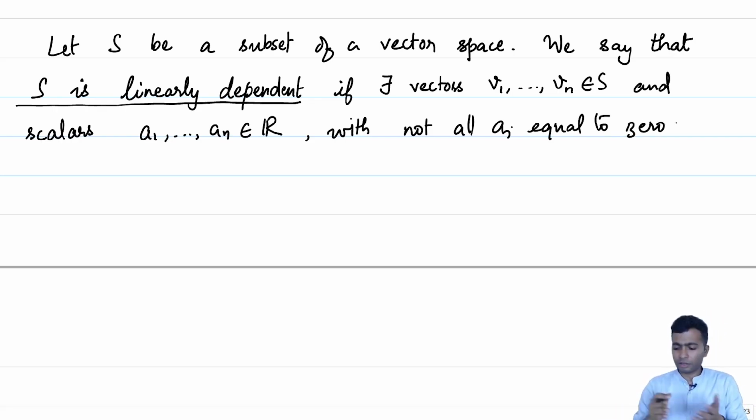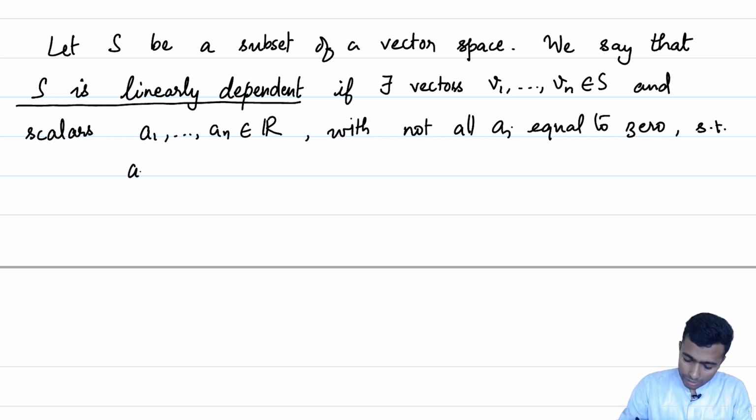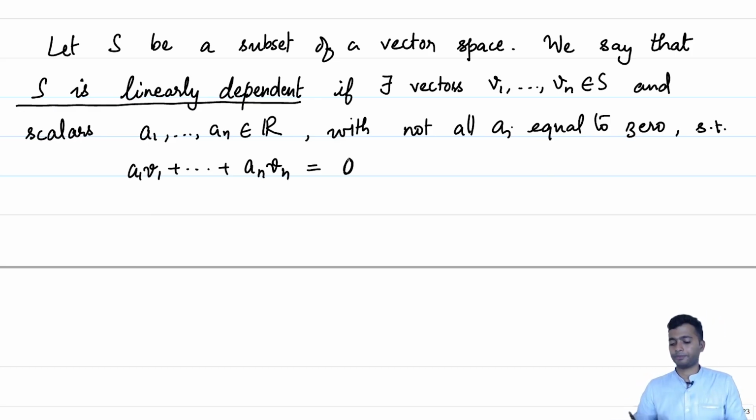So, that means that at least one of the ai's will be non-zero, such that the linear combination a1 v1 plus up to an vn, with coefficients ai's, gives us the 0 vector.